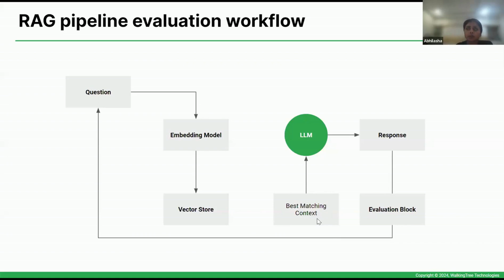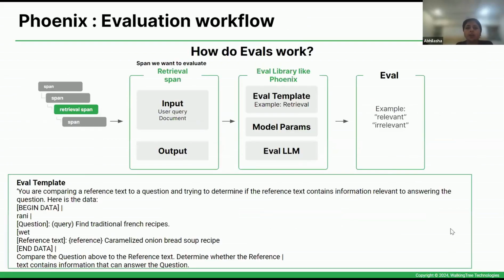If you're just evaluating the response, it is only 50% of how much you can control it, because your LLM behavior is controlled by the context or the extra knowledge which you're giving to the LLM. And that's where you need to evaluate whether you're giving good context also. We will look into how a RAG evaluation block looks.